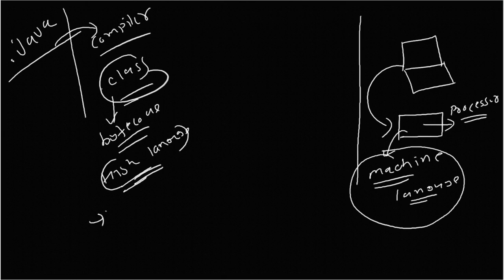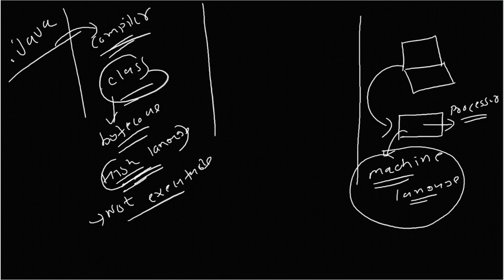It is not executable. The beauty of this bytecode is that it is just a very high level instruction, a high level language, which can be run on any device which supports or interprets this bytecode. So this is a bytecode which can be generated through a compiler, and in Java that is a .class file containing this bytecode.